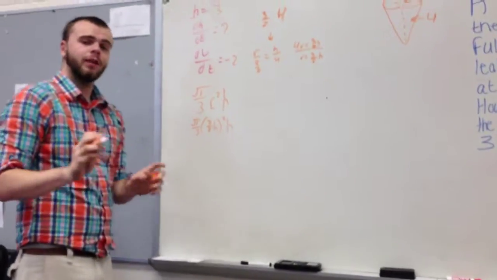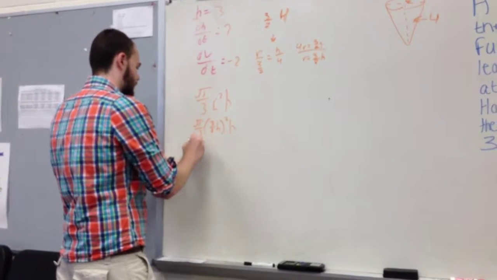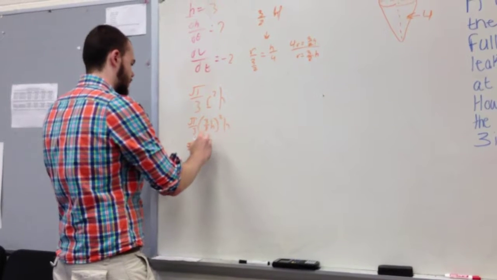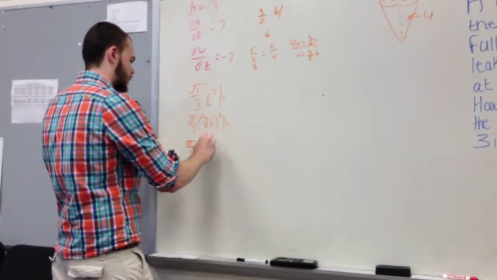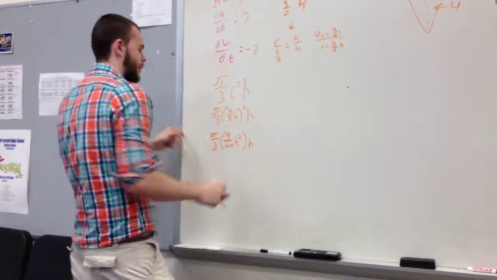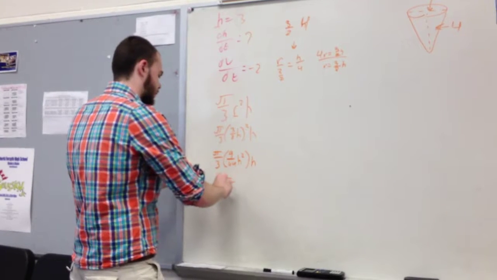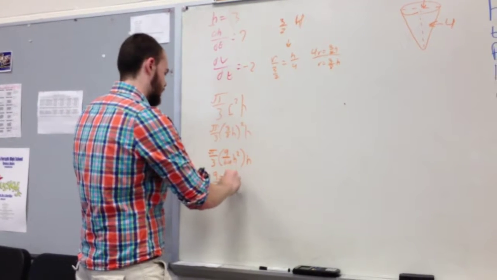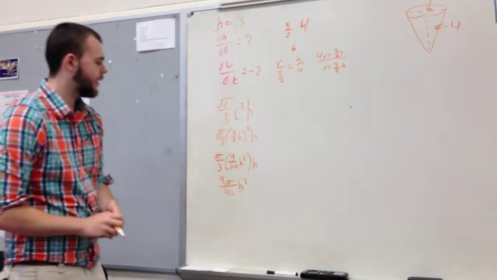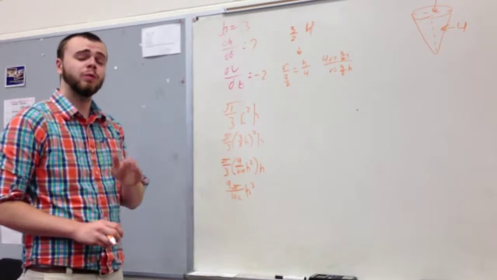Now, we're going to use our algebra to clean this formula up a little bit, and just multiply these values back in. 9 pi over 192 h cubed. Now, this is our simplified volume formula using only h.